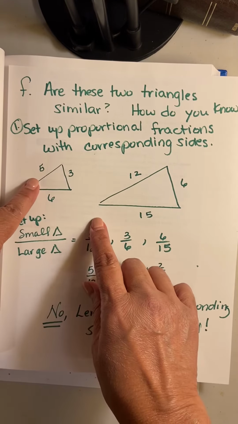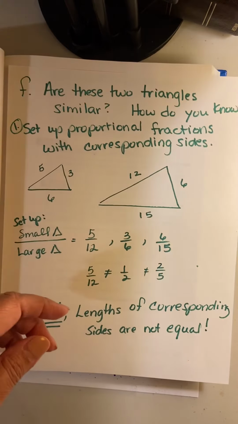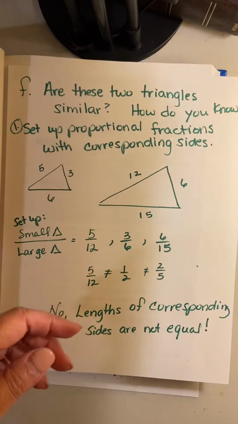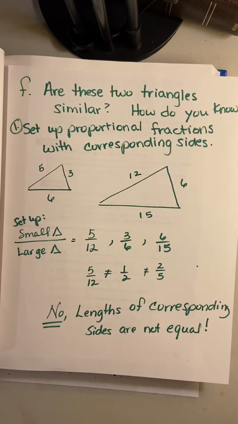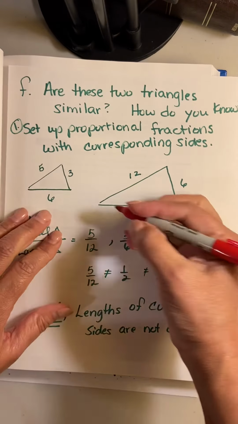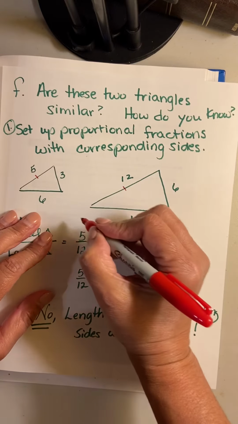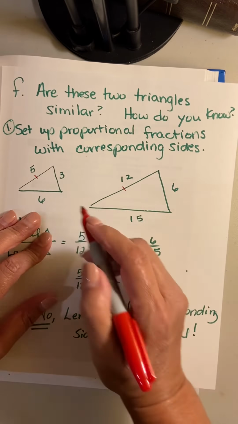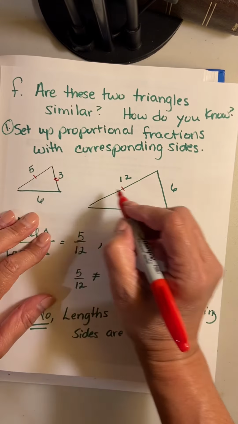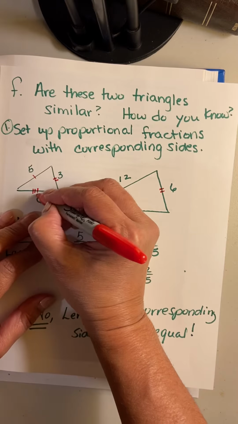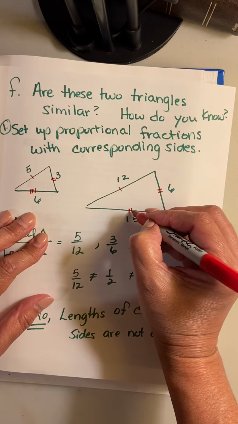I'm telling you that this side corresponds with this side. I'm not saying they're the same side, I'm saying they correspond. I'm going to tell you that 3 corresponds with the 6 and that this 6 corresponds with the 15.